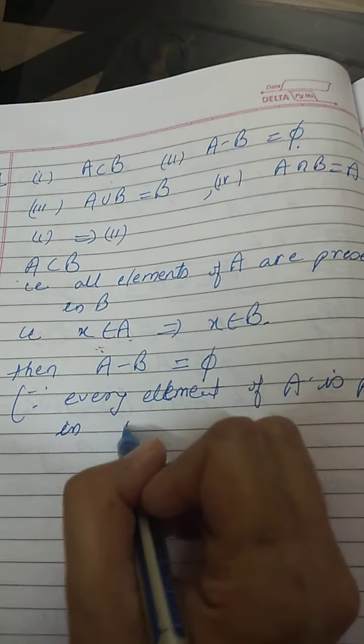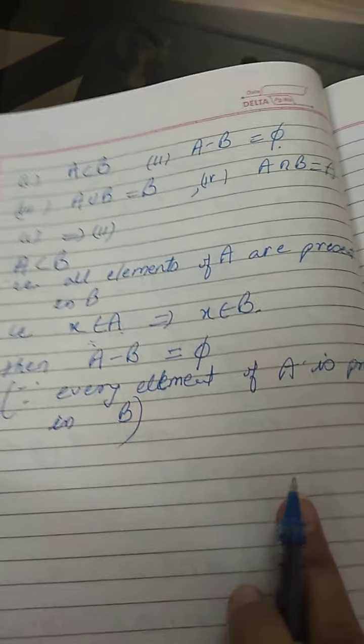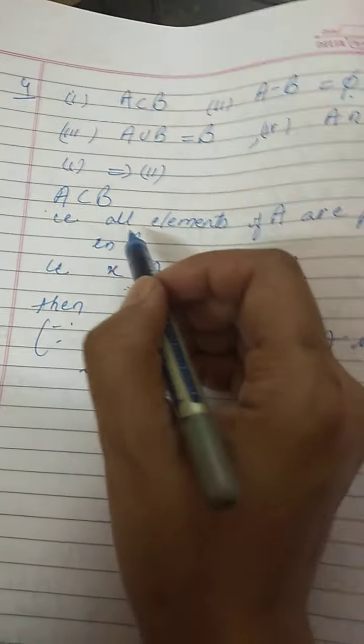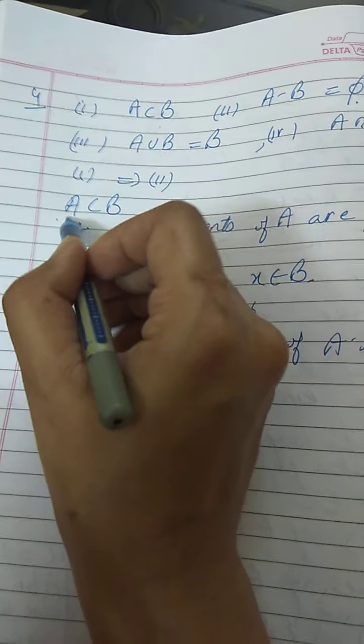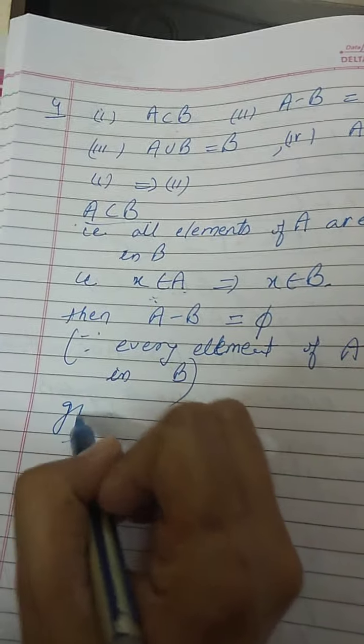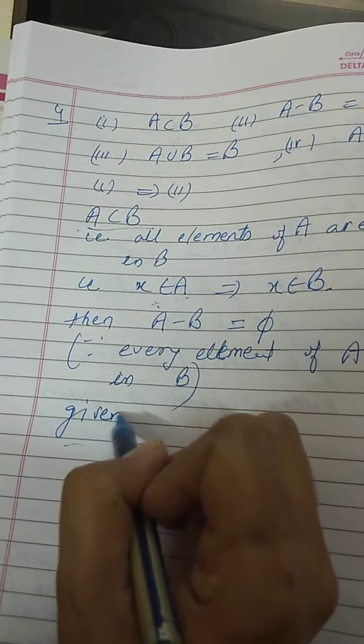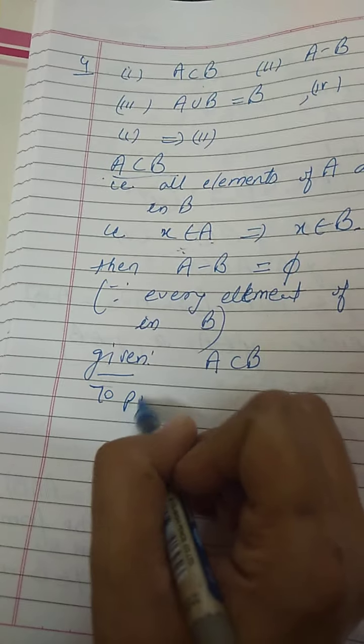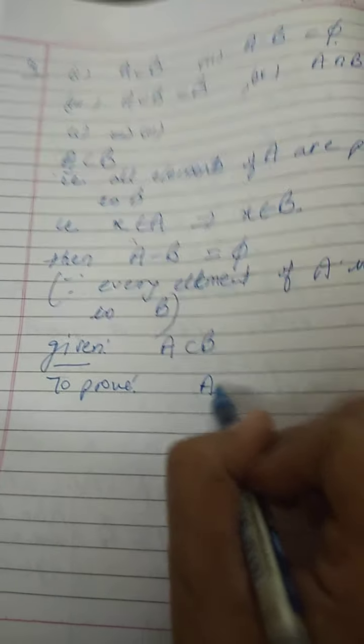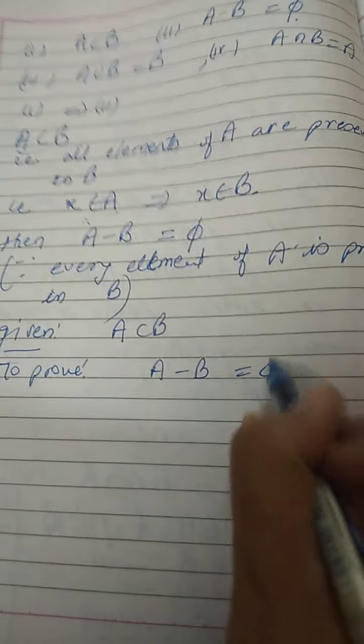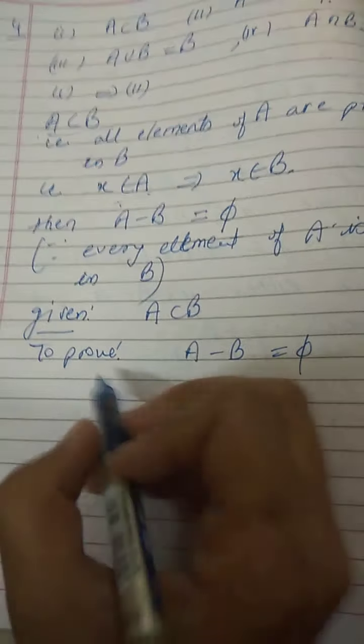Either you write down this thing, or if I say A subset B is given to us, let me tell you the other way also. If the given thing is A is a subset of B, and I have to prove that A minus B is equal to phi, let us assume that A minus B is not equal to phi.